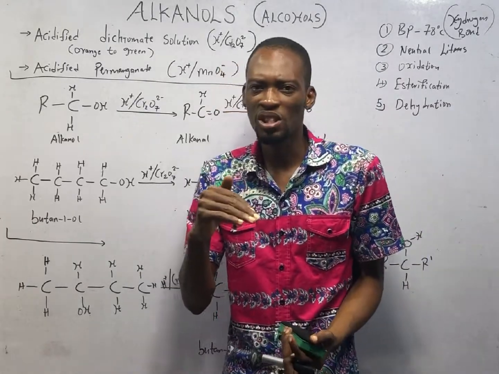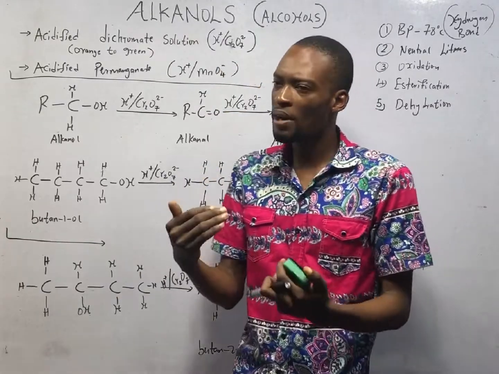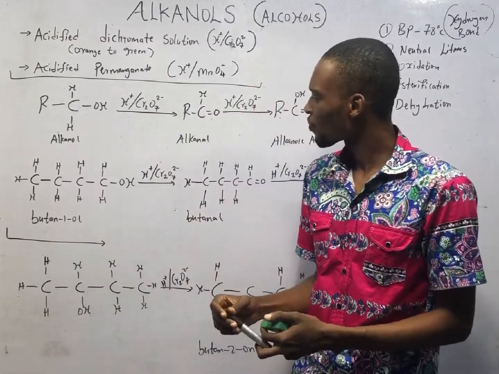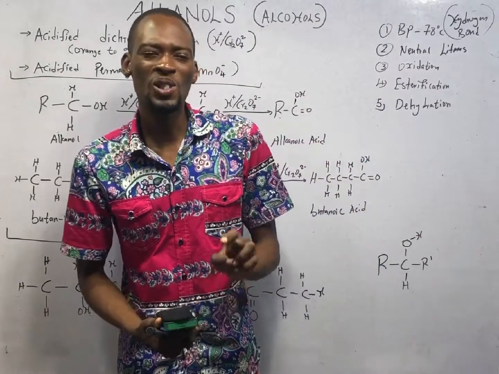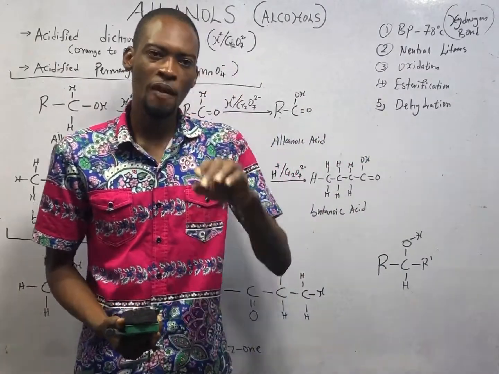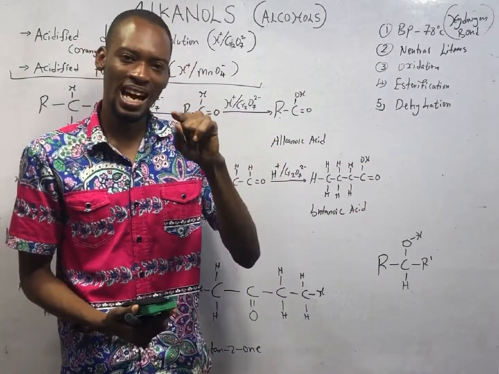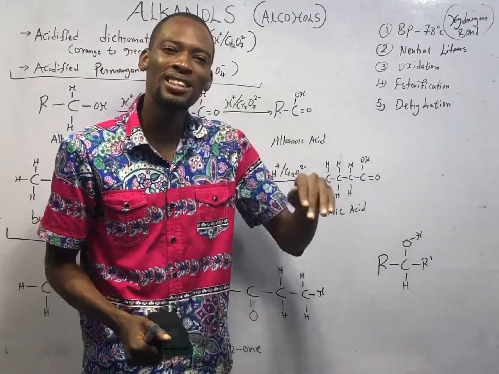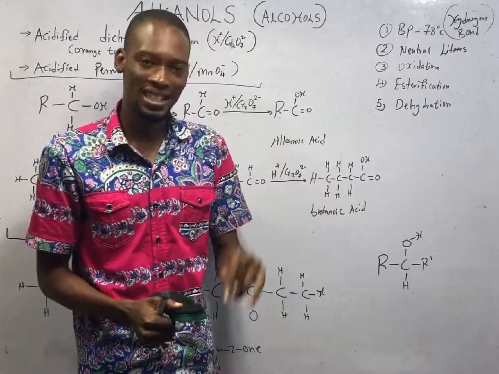Oxidation of alkanols can be explained under primary, secondary, and tertiary alkanols. When you oxidize primary alkanols partially, you get alkanal. When you oxidize primary alkanols completely, you get alkanoic acids.